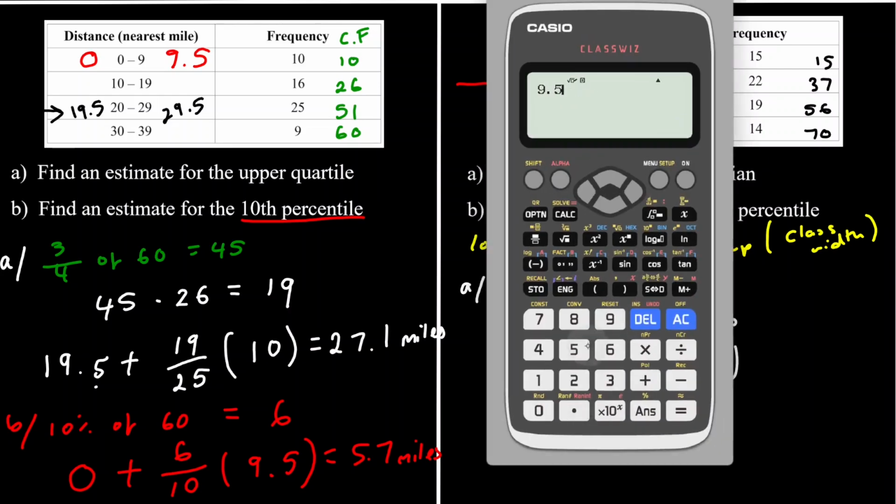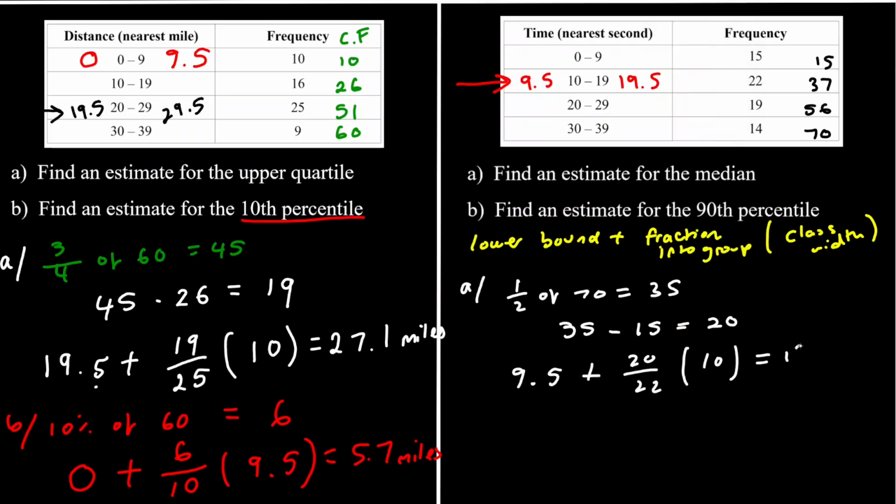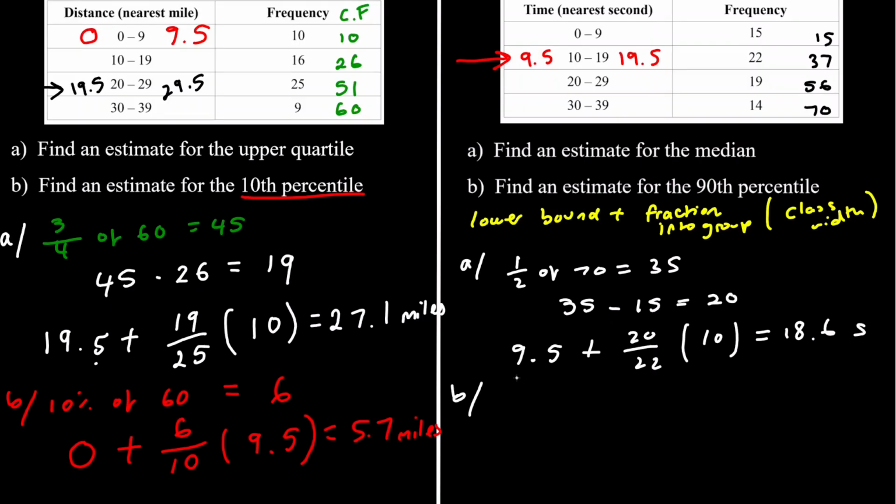So 9.5 plus 20 out of 22 times 10 is 18.6. So 18.6 seconds.